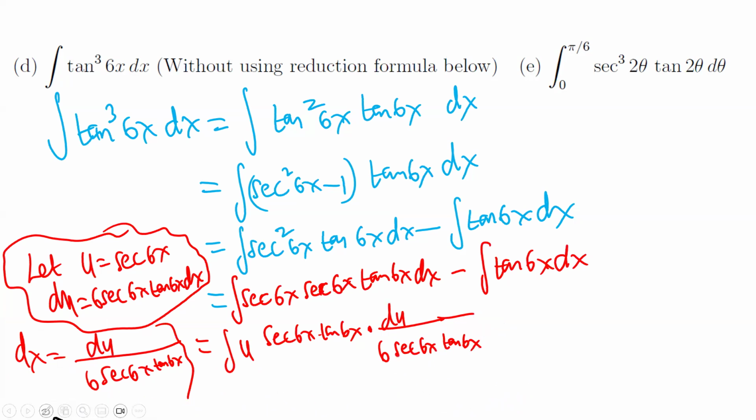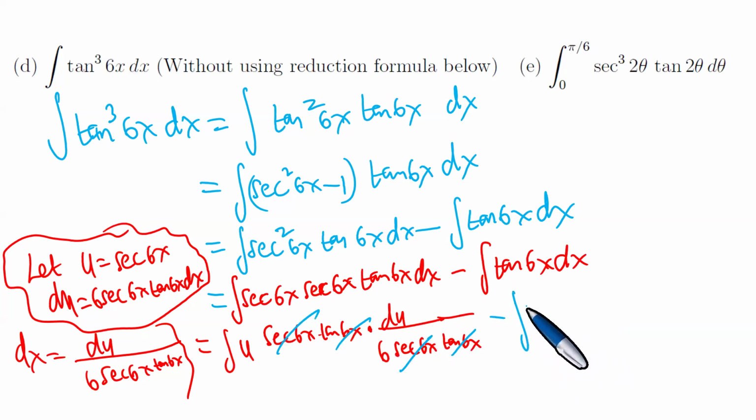Right, so we're going to simplify this one. The secant and the tangent cancel out. Right. I'm just saying this is another way to do the question. We've done it one way, and then this is another way to do it.